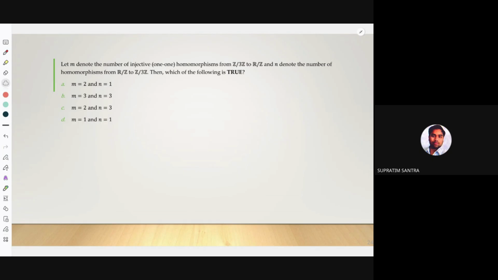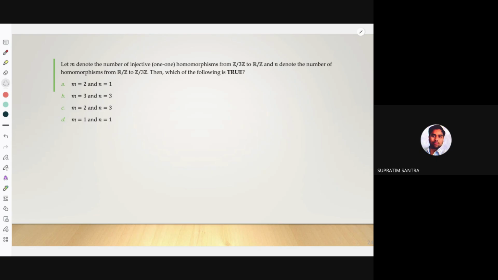It's fine. So let M denote the number of injective, which is the 1-1 homomorphisms from Z mod 3Z, which is Z3, to R mod Z, and N denote the number of homomorphisms from R mod Z to Z mod 3Z. Then which of the following is true? So R mod Z is basically the quotient group.